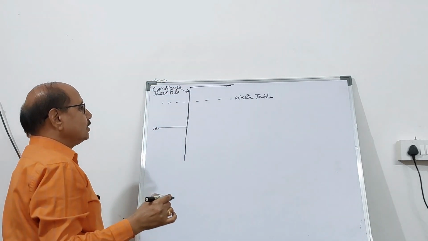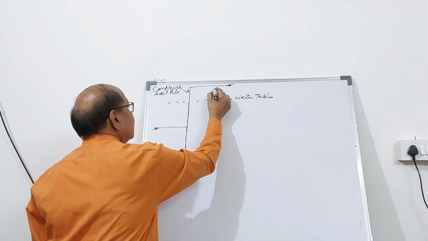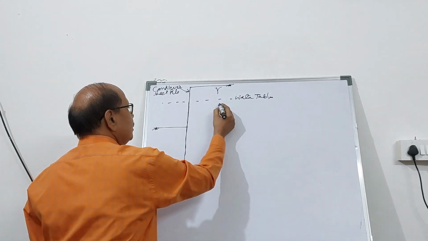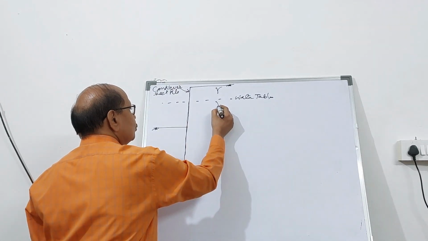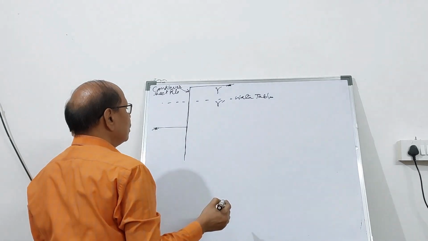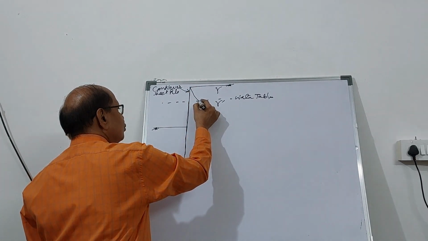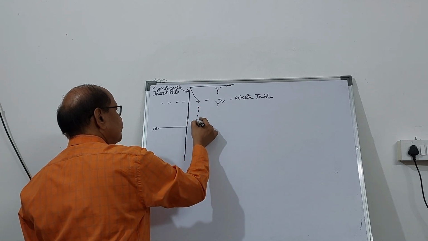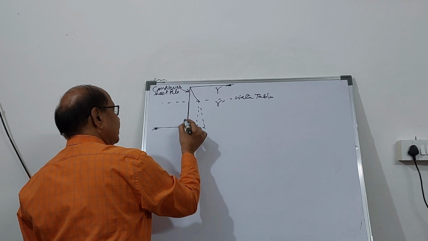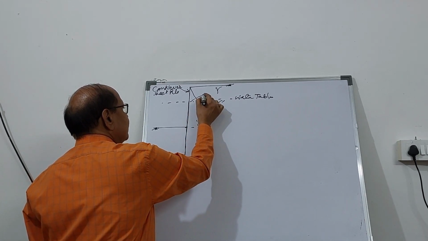You have seen the pressure distribution, depending upon what is the unit weight above the water table, and what is the submerged unit weight or the saturated unit weight below the groundwater table. You have seen the pressure distribution, and you are in a position to find out the lateral pressure.